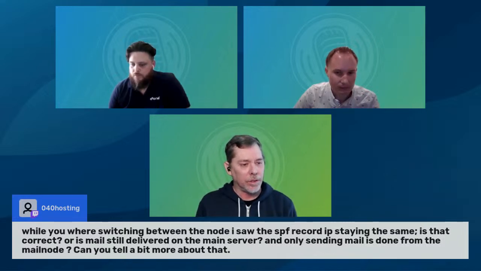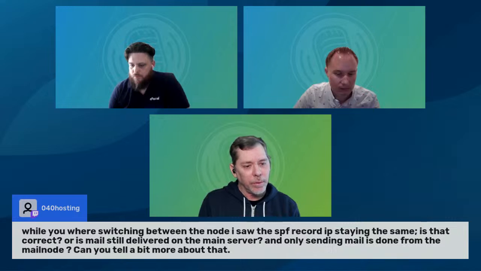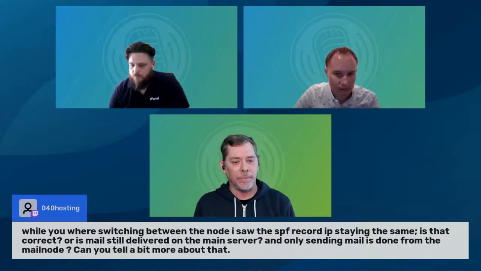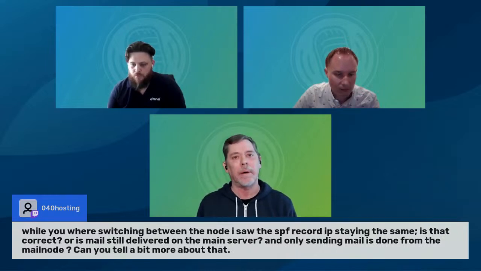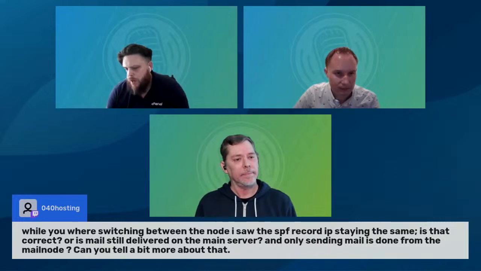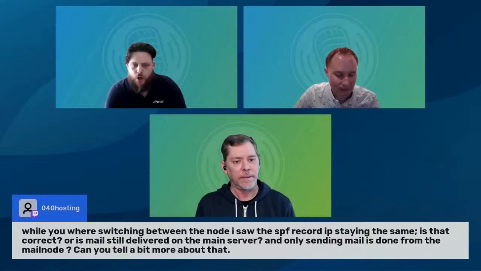And we have another question here. While you were switching between the nodes, I saw the SPF record IP staying the same. Is that correct? Or is mail still delivered on the main server and only sending mail is done from the mail node? Can you tell a bit more about that? So I'm not sure where you saw the SPF record configuration, but those are directed to that child node.